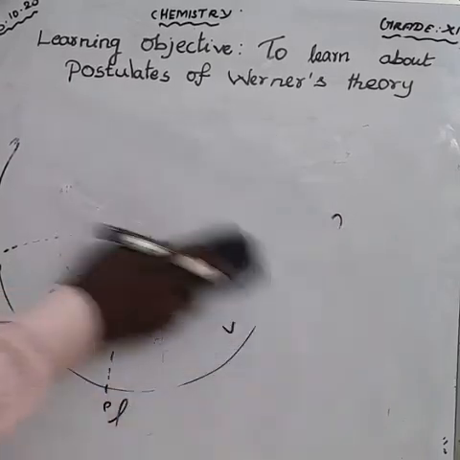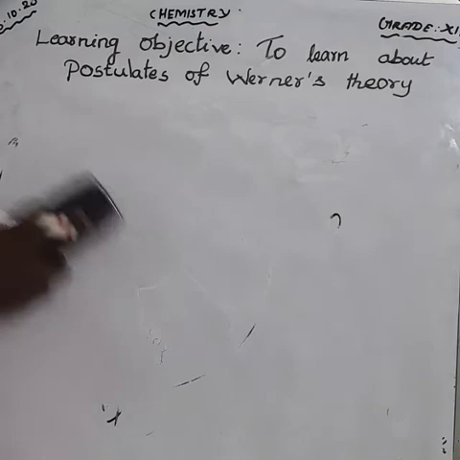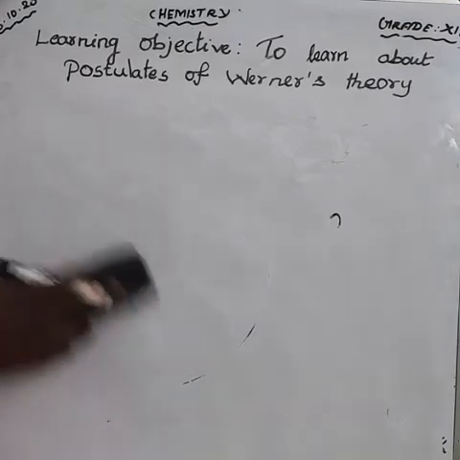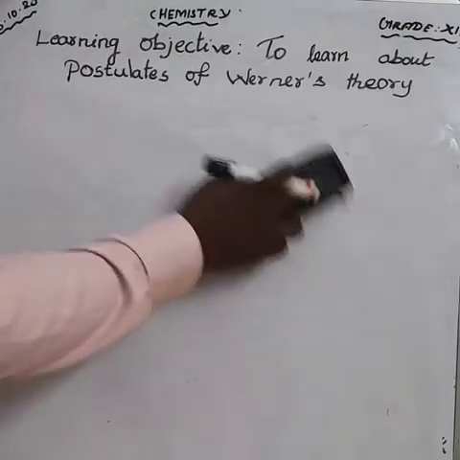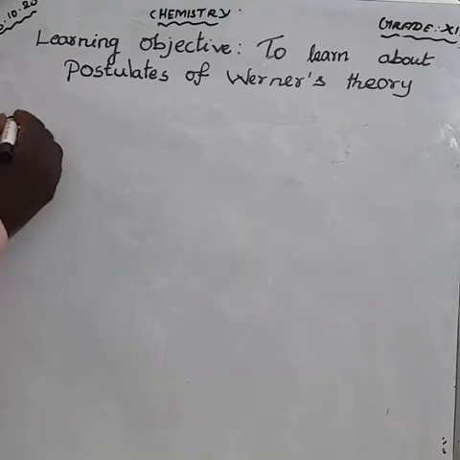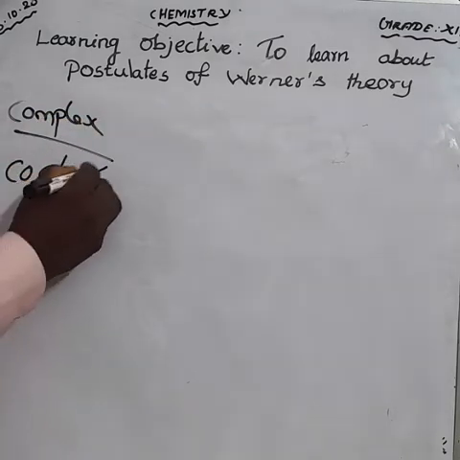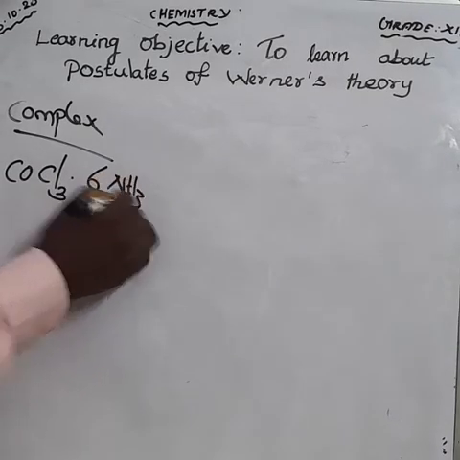Now we have to discuss some complexes, the number of ionizable valencies and the number of non-ionizable valencies in them. One of the complexes is CoCl3, 6NH3.